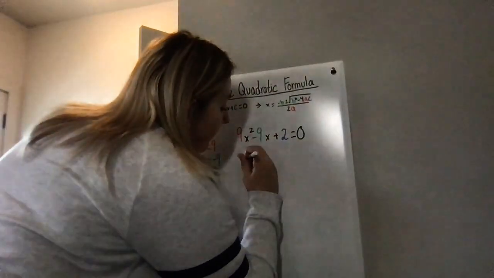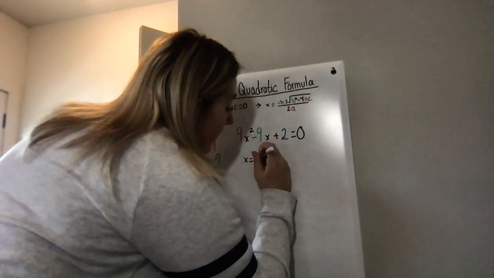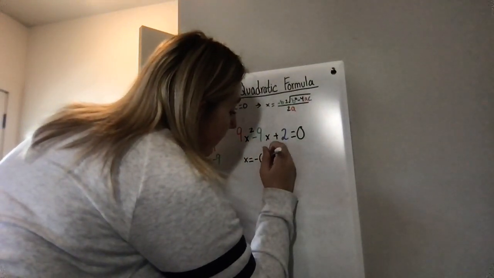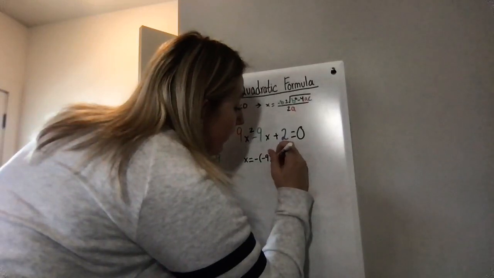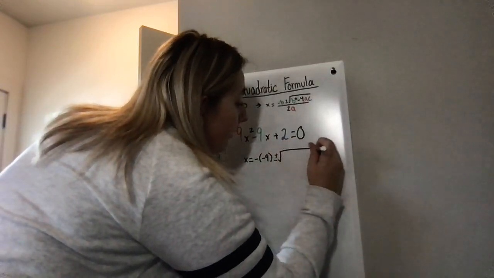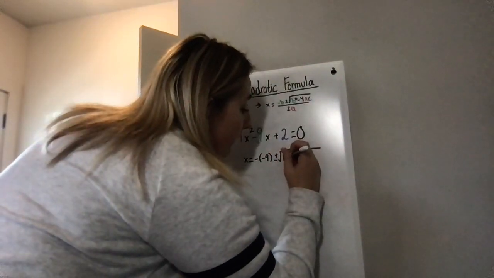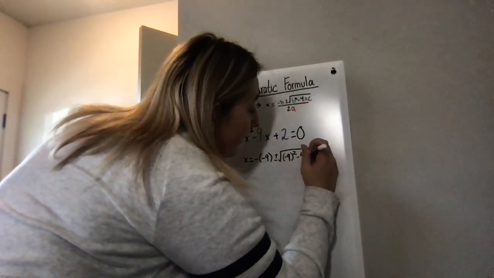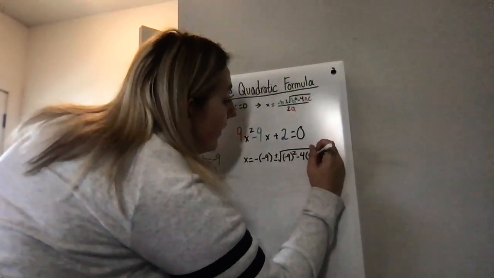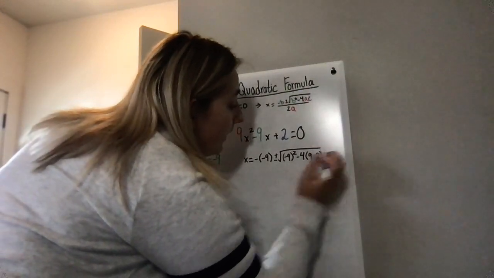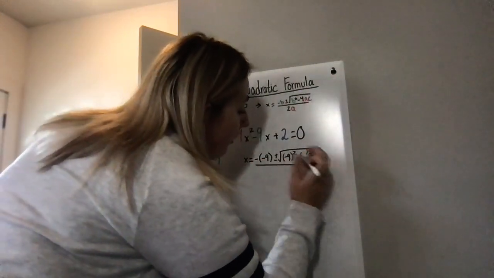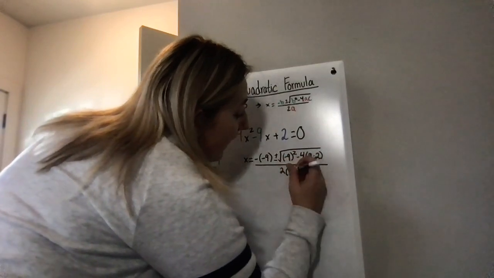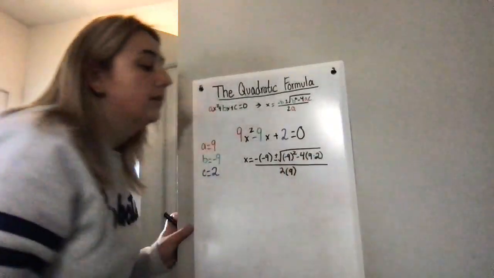So it becomes x equals negative 9 plus or minus the square root of negative 9 squared minus 4 times 9 times 2, all over 2 times a, 2 times 9.